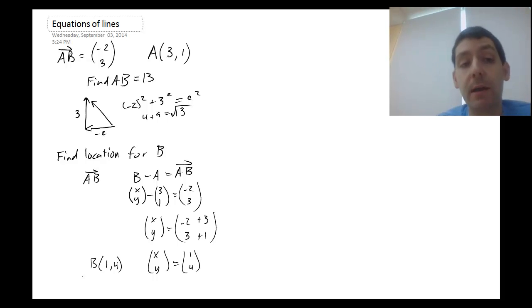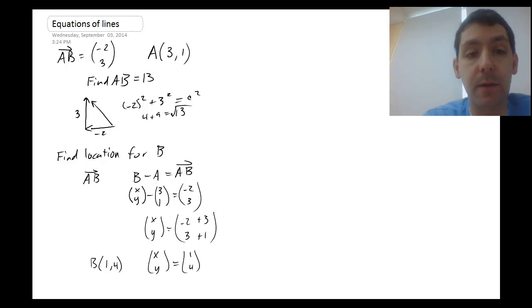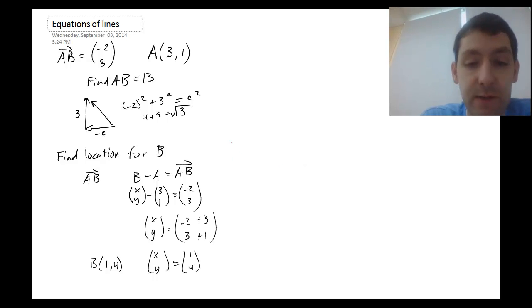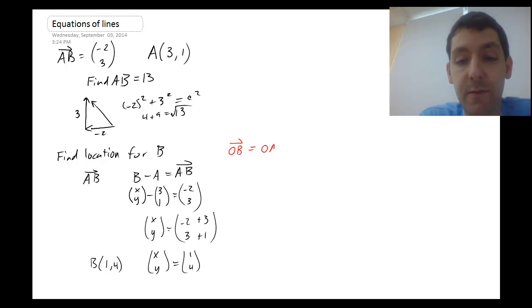Now there's actually another way that we can think about this, so let's pull out another color and look at this another way. Another way we can do this is by using vectors and saying vector OB is equal to the combination of vector OA plus vector AB, right?